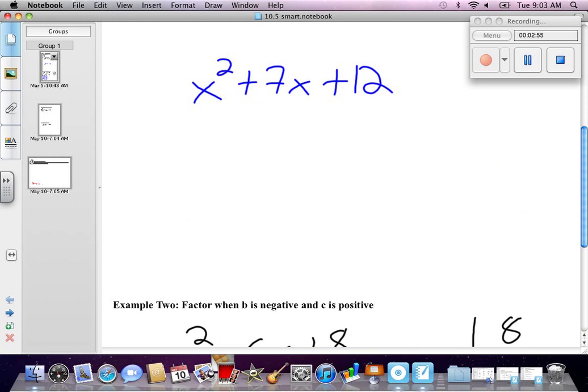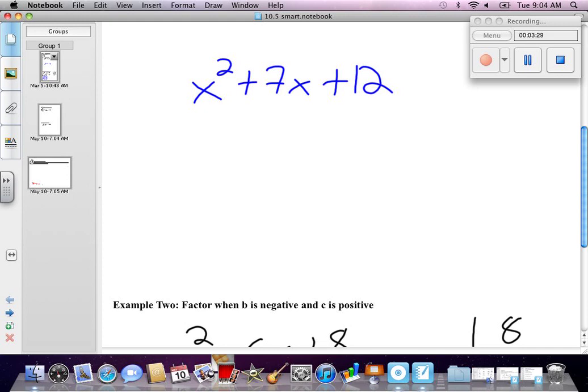What two numbers multiply to give you 12 that add together to give you 7? So first make your parentheses. Everybody can do that. Everybody can put x in each one. Then list everything you multiply together that will give you 12. Then the ones you're going to choose are the ones that when you add them together, it gives you 7.